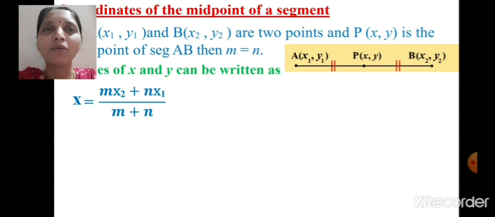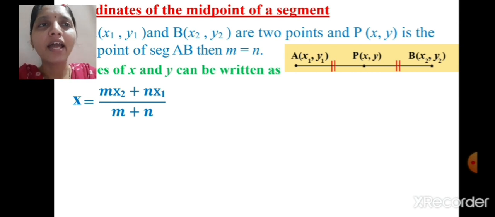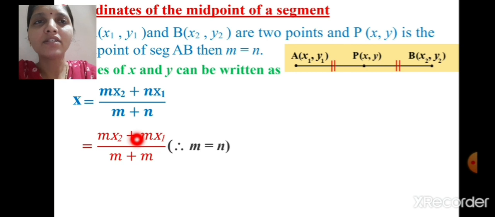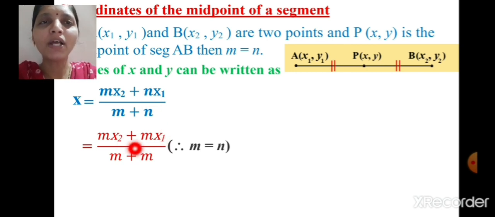So x is equal to mx2 plus nx1 upon m plus n. Now here m is equal to n, so you can substitute here. Instead of n, we are going to write m. So mx2 plus mx1 upon m plus m. The reason is that m is equal to n.